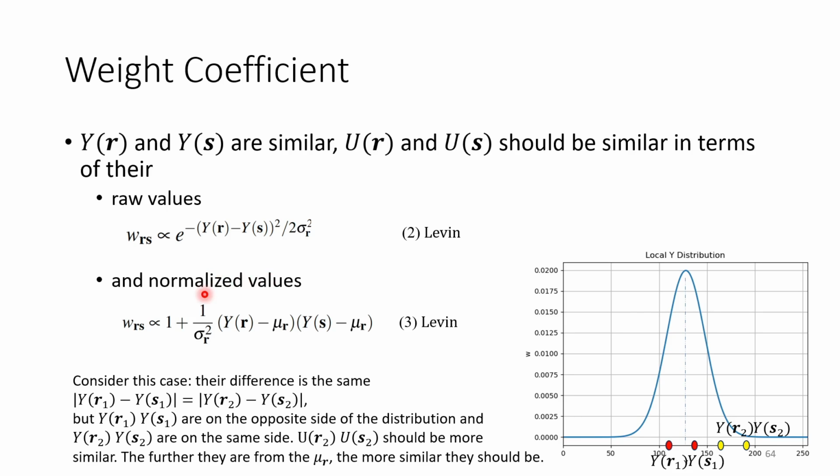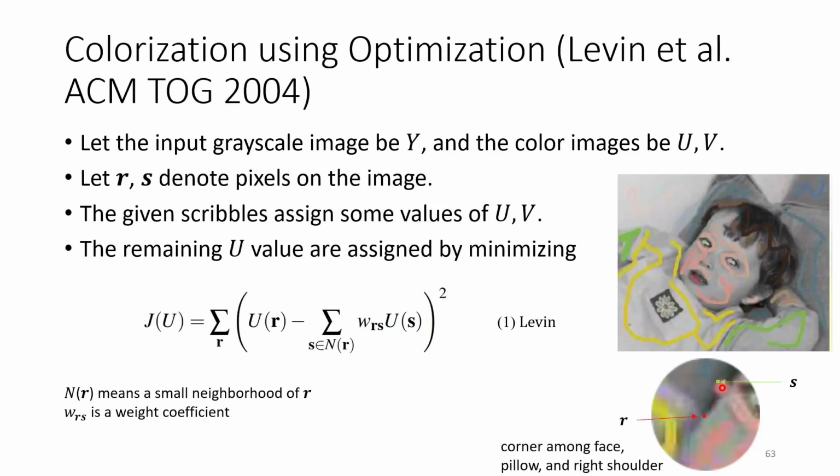The second property is that their normalized Y values should be similar to each other. Let's show it. Suppose this curve is a Gaussian distribution of the Y values in this region.